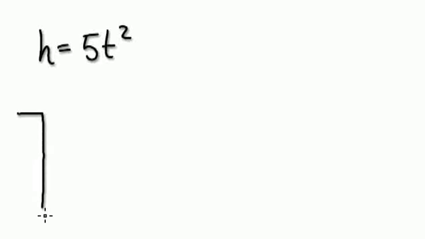Here's another example of the formula. H equals 5t squared. If you stand on top of a building, and let's say you drop a cannonball off here, and then time how long it takes to reach the bottom.